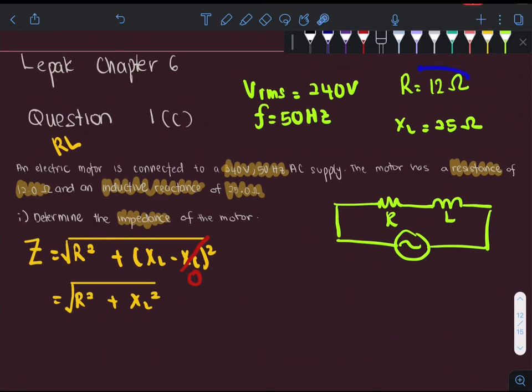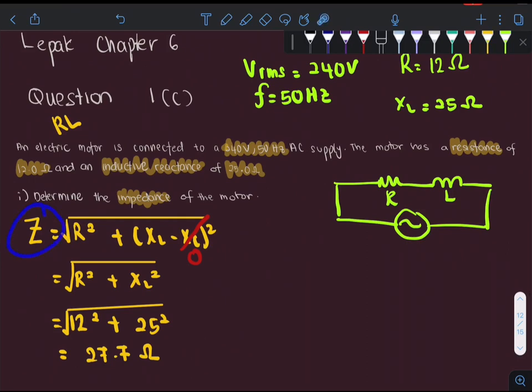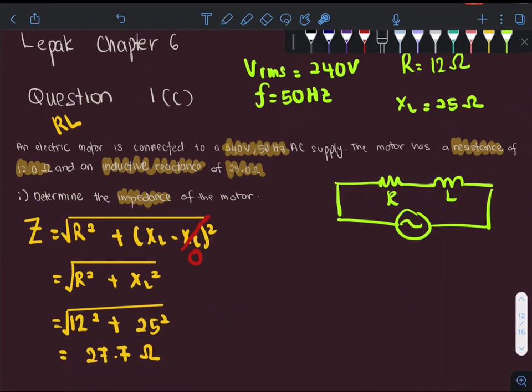As you can see, the value of the resistance is given in the question and also inductive reactance is also given in the question. Therefore, we can simply substitute the value into the equation to get the total opposition from the circuit, which will be 27.7 ohm. So this is the impedance due to the resistance and also inductive reactance.